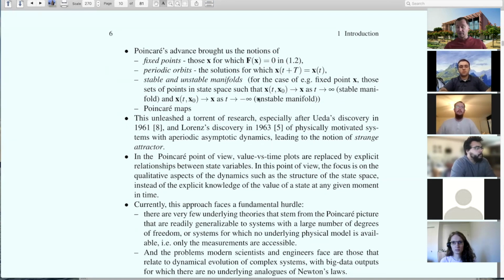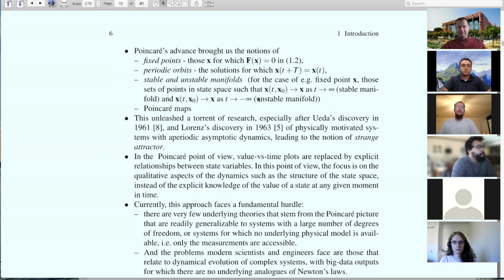So all of these quote unquote special solutions of ordinary differential equations were not understood to be as important as they really are before Poincaré. So this qualitative state space method brought up the focus on asymptotics and the stability of that asymptotic behavior.